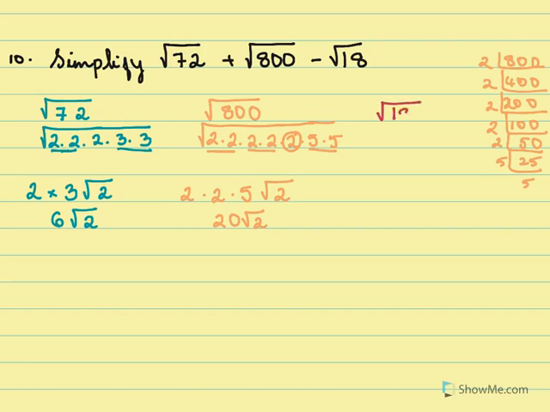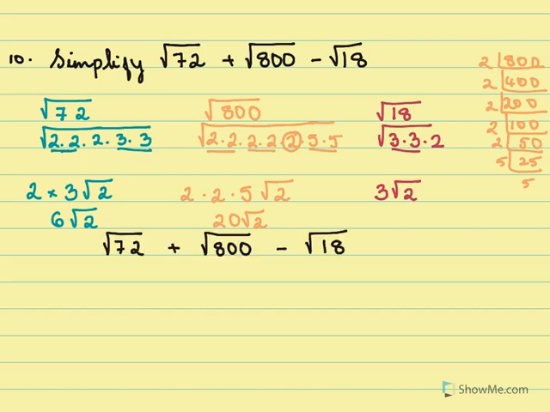The next one is under root 18, and under root 18 we are quite familiar. 3, 3 and 2. For every 2 3s inside, you write one outside, so this will be 3 under root 2. Now here's under root 72 plus under root 800 minus under root 18. Let's put the values. For under root 72 we found 6 under root 2. For 800 we found 20 under root 2.